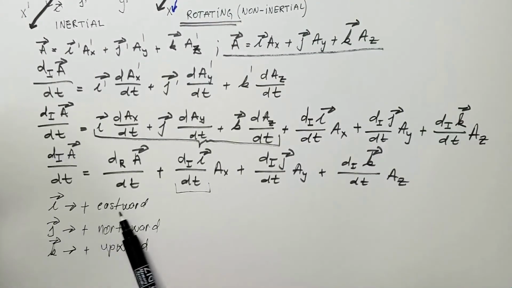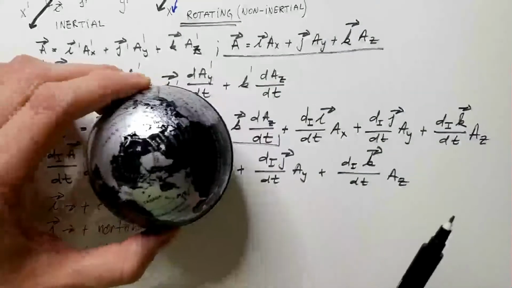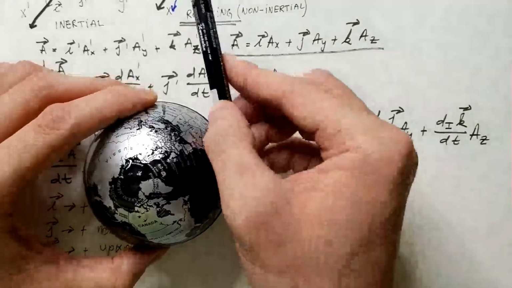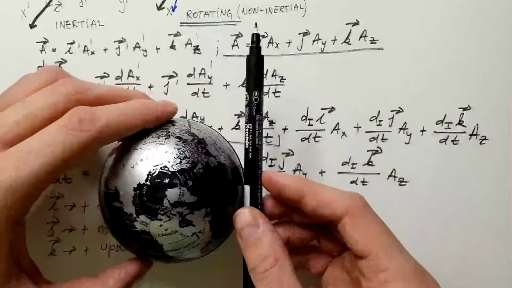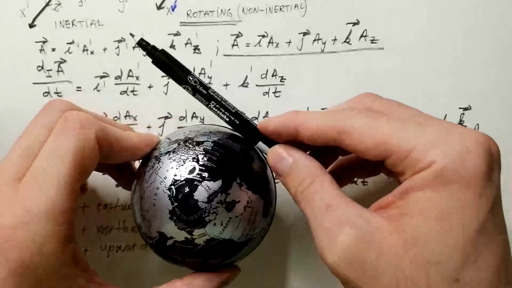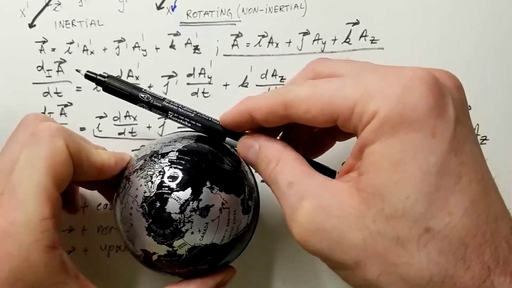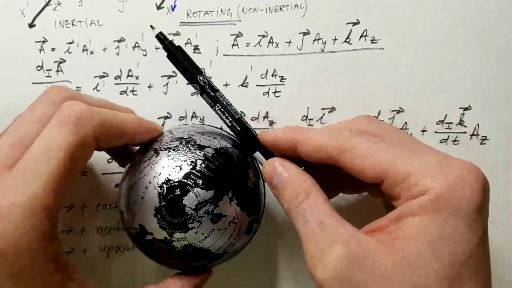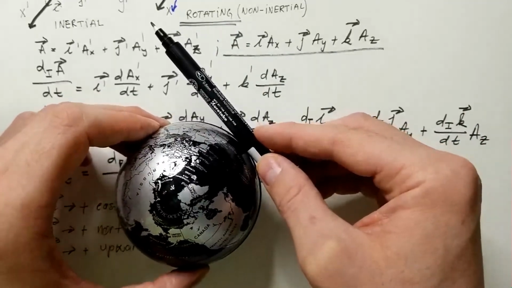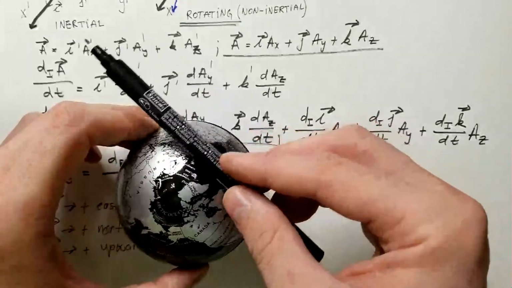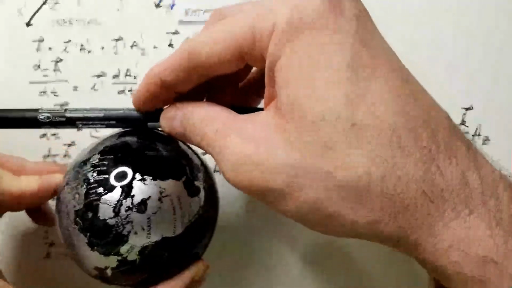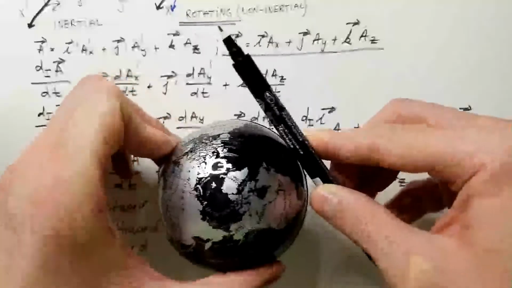So I is the unit vector positive eastward, which means if this is our planet, this is the I vector, positive eastward. And Earth is rotating in the counterclockwise direction. So you can see as Earth is rotating, the I vector is rotating together with the Earth. And it is very important to notice that there is no change of the I vector along the latitude or along the height. The only change is with the rotation of the Earth that is counterclockwise.